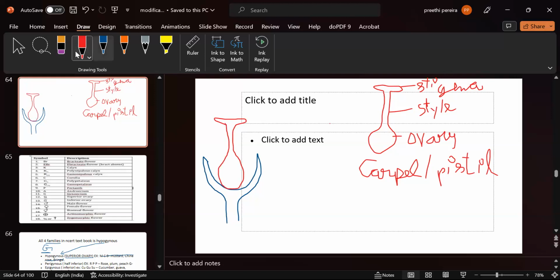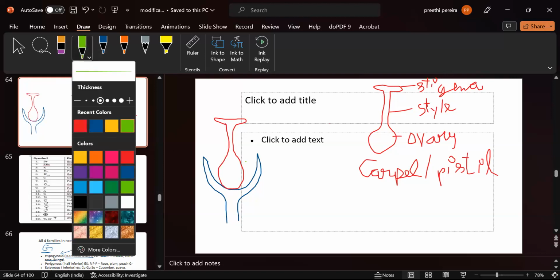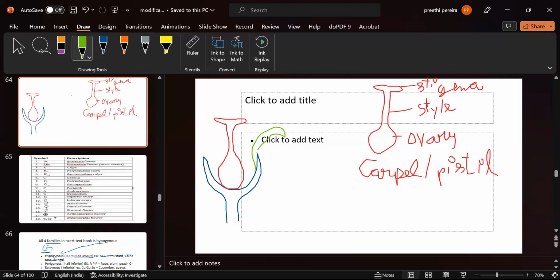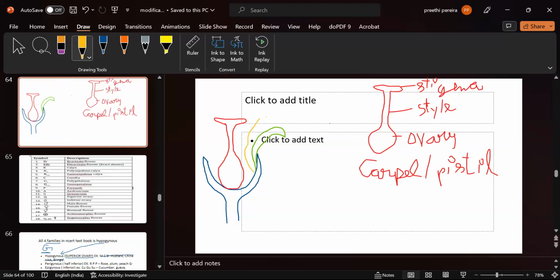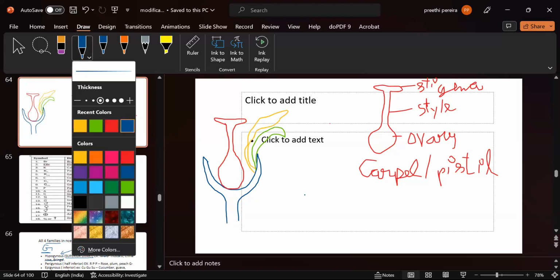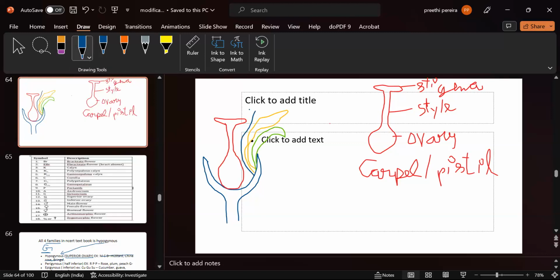These are the sepals, petals, and stem. So you can see that these are arising from the neck of the ovary itself.